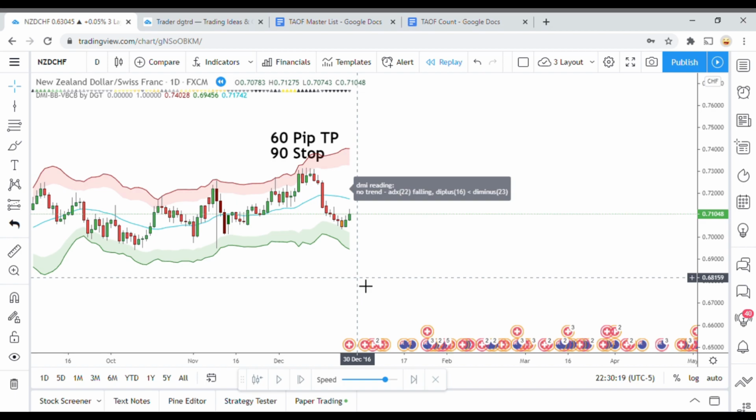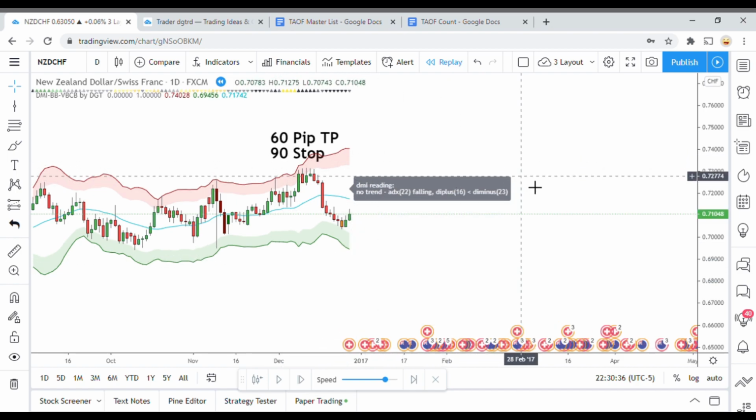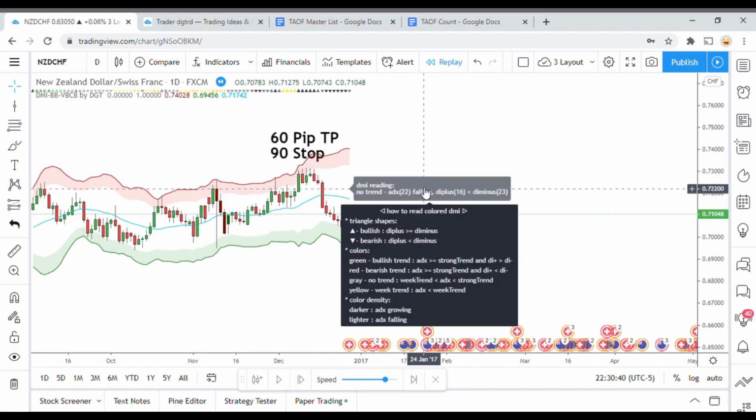Now again, looking at it, it doesn't look that different than some of the other indicators that we've tested. What I find unique about it is that it actually has this picture window type setup right here. If you hover over it, it gives some information.